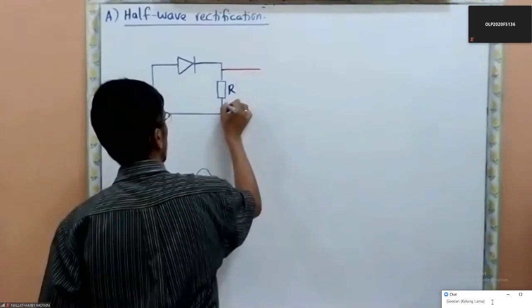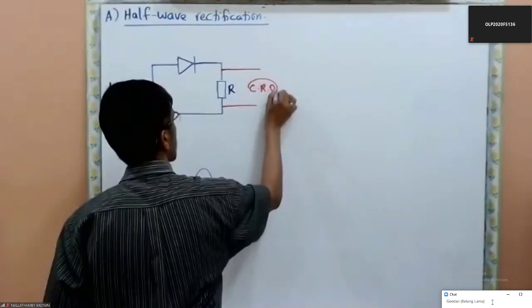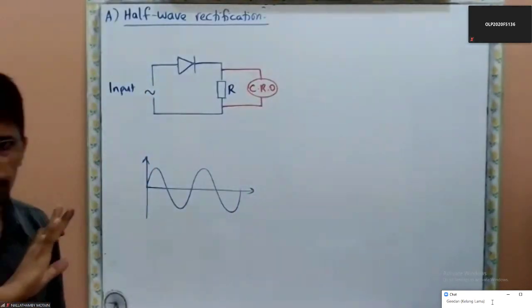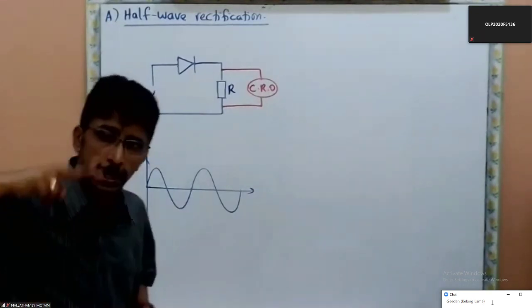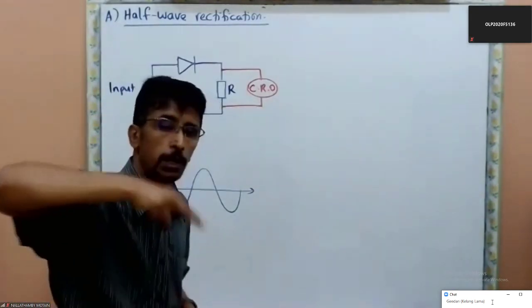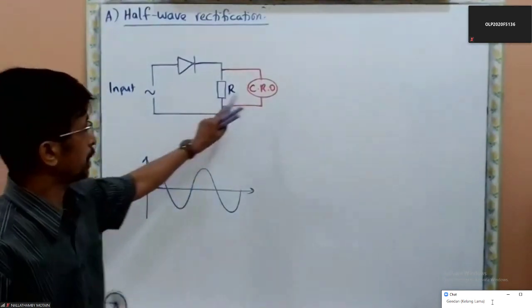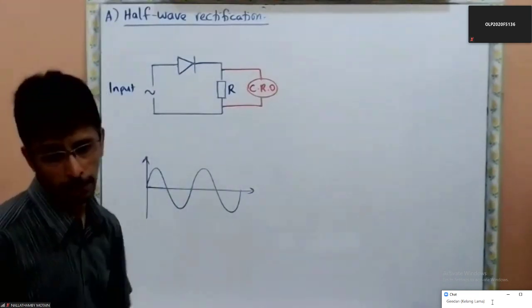You just connect a CRO, a cathode ray oscilloscope. It won't disturb the circuit. Just bring the two wires in between. So connect the CRO and you can see the output flowing over here.